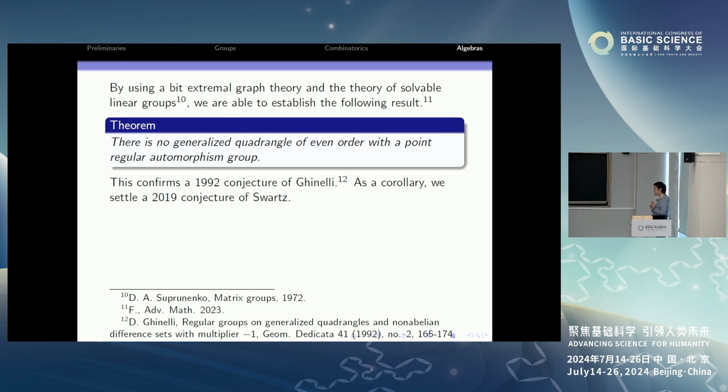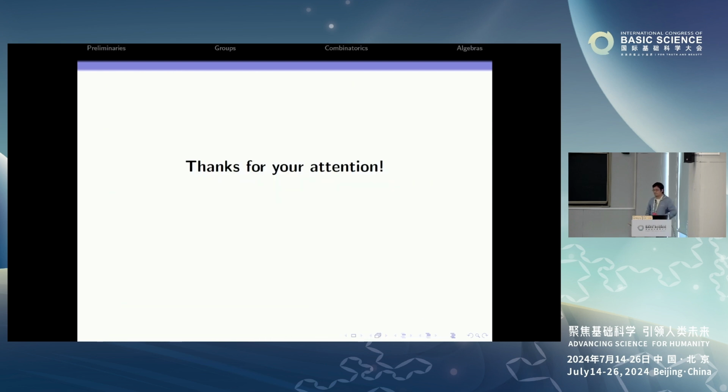And Bill Kantor told me that in your case, your group is solvable, so don't do that. You can quote Suprunenko. So it reduces the original 4 to 5 pages to 1 page. This also confirms a 2018 conjecture of Eric Swartz. Okay, that's all. Thank you.